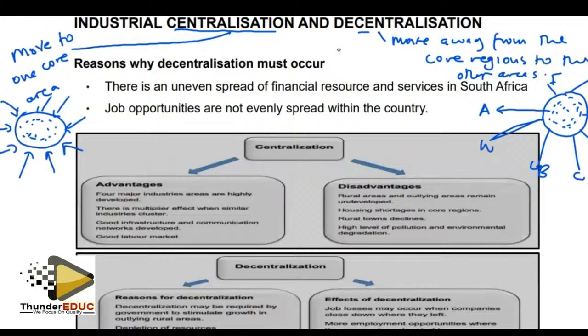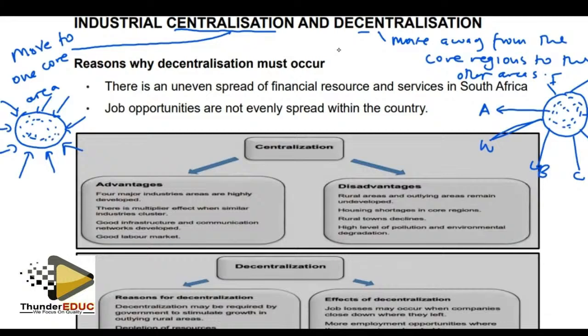As well, job opportunities are not evenly spread within the country, because with industrial centralization, jobs are focused in particular areas and others are left out.